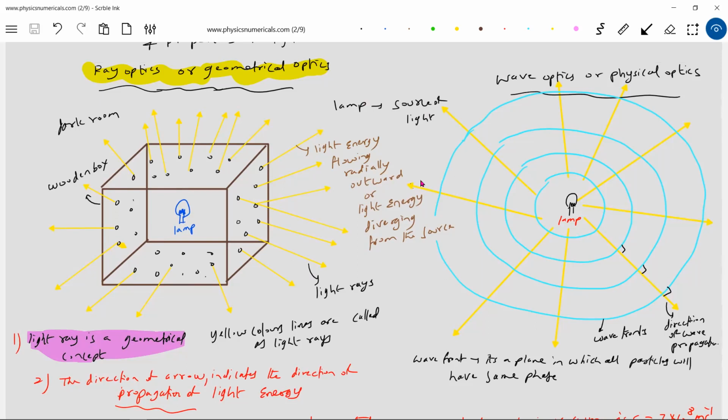Ray optics is an approximate method which will easily help us to study the properties of light. So we'll focus on ray optics in the initial part, and after the end of this chapter, we'll go for wave optics.